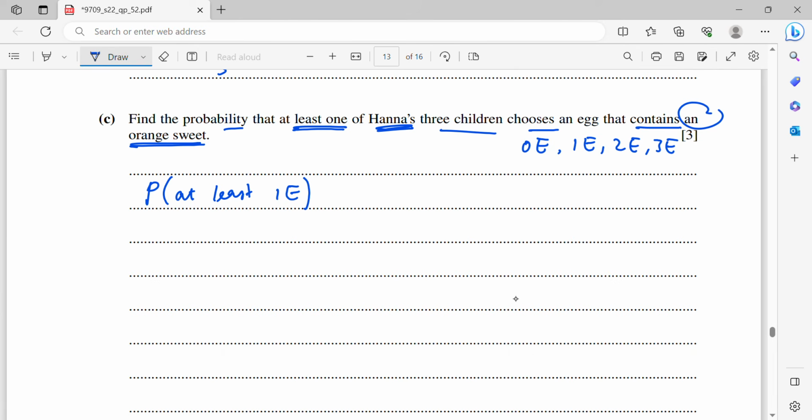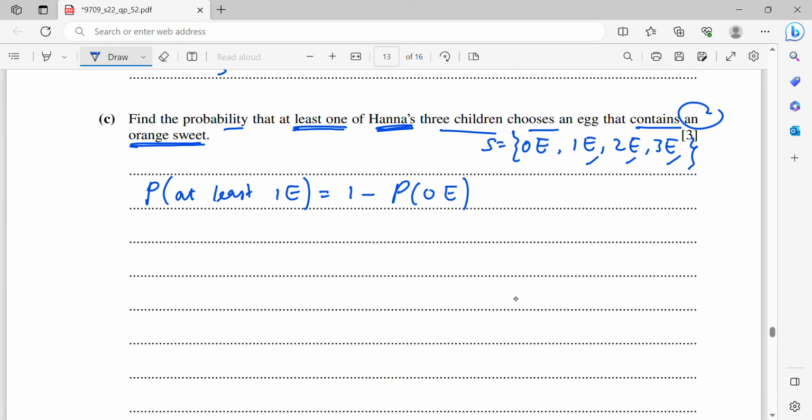So now you need to find at least 1. At least 1 means it could be 1, 2, or 3. This will be the sample space, right? All possible outcomes. So I will say that it is same as 1 minus P(no orange sweets). Okay? So this is the complementation rule.